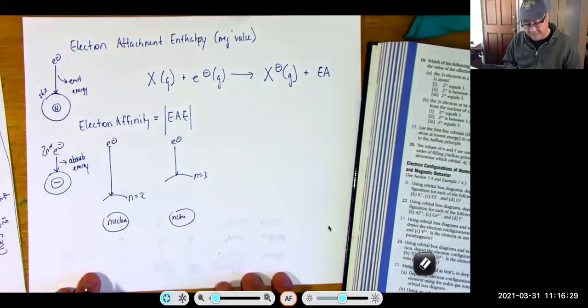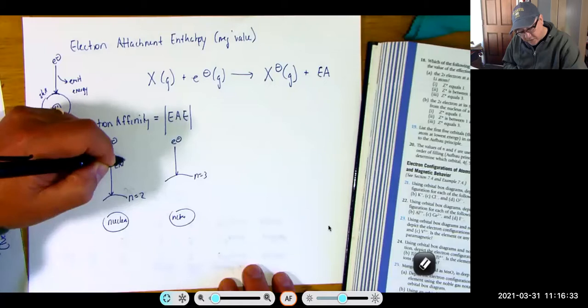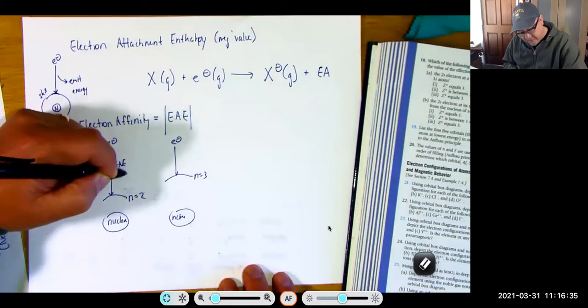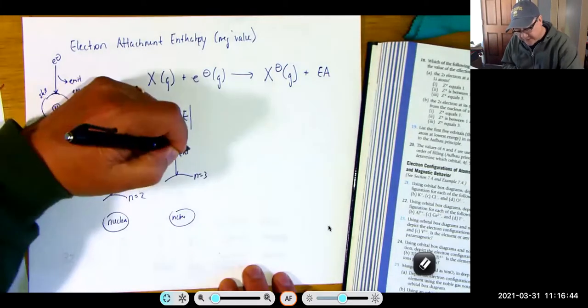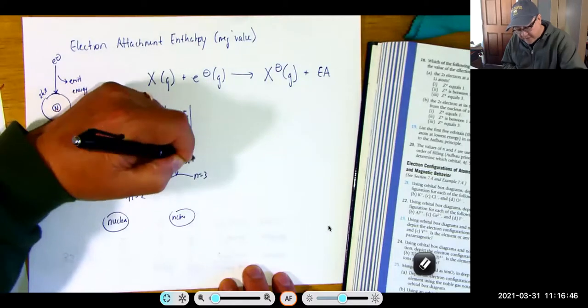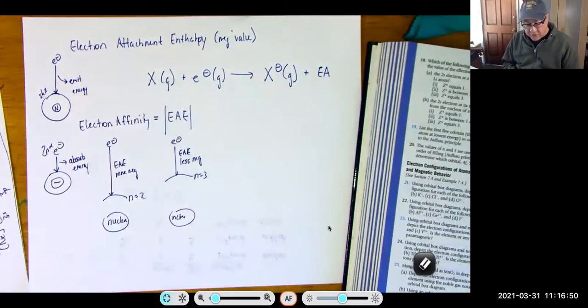First. Right. It is more negative because you're ending up at a more stable position. And here, this is less negative because you're ending up at a less stable position. So the first thing you want to do when you're comparing electron attachment enthalpies is find out what shell it ends up in.